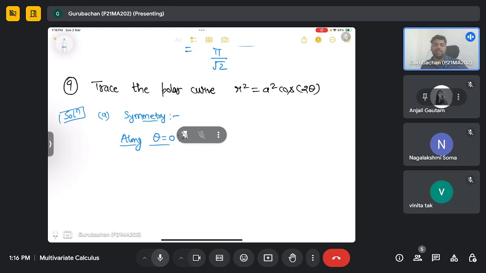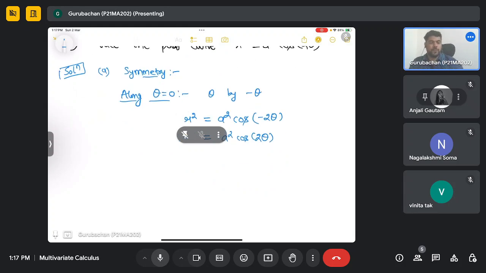To check the symmetry at theta equal to 0, we have to replace theta by minus theta and see whether the curve remains the same or different. So this will be a square cos of minus 2 theta, which is a square cos of 2 theta. So it is the same. That means our curve is symmetric about theta equal to 0.